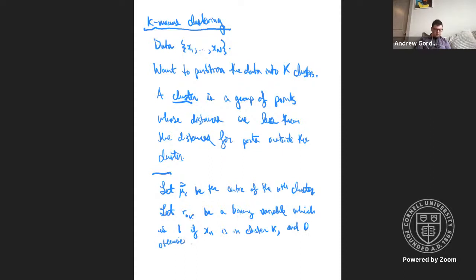If we're not using the little k index, we've got a vector r for every data point, and it uses what's called a 1 of k coding scheme, where all of its entries are 0, except for one entry, which is 1 at position k. So r n k equals 1, r n j equals 0 for j not equal to k. It's just a way of indexing our points. For every data point little n, we have this variable, and it says which cluster that data point is in.